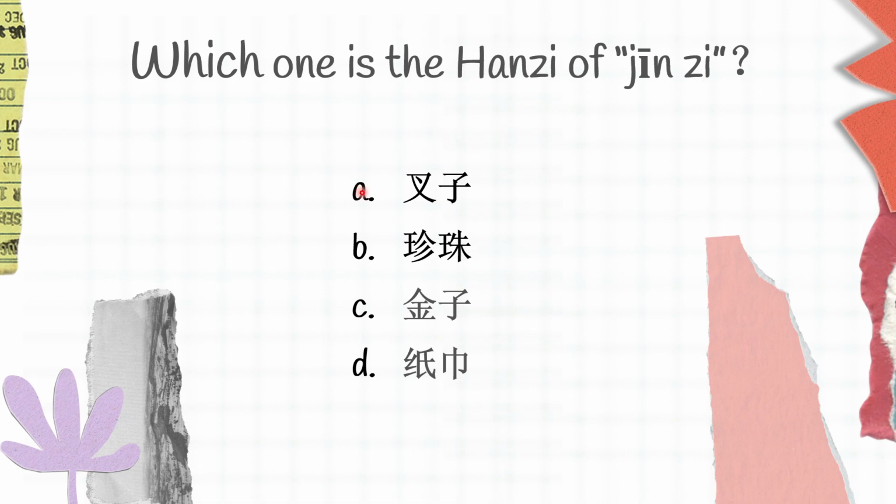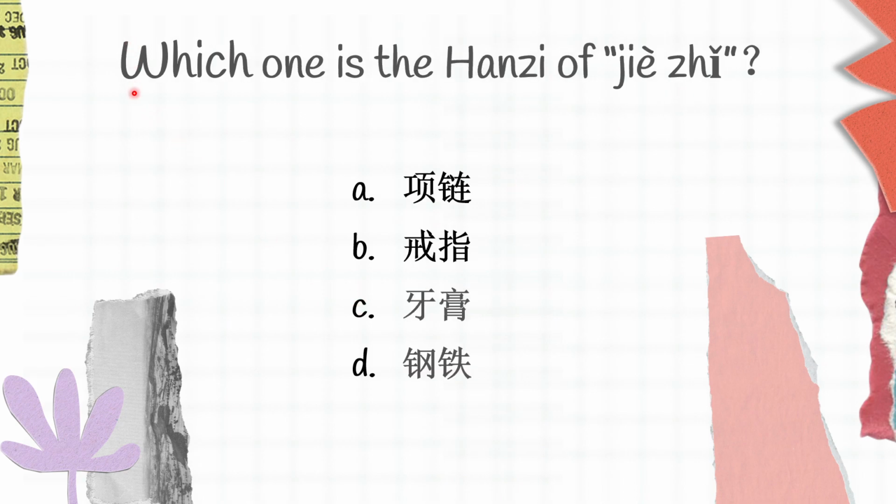A is 叉子, B is 珍珠, C is 金子, D is 紫金, and 金子 is C.